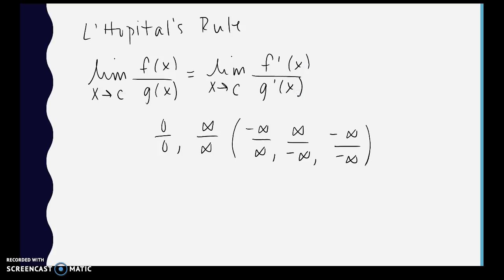And this is not the quotient rule, rather this is just the derivative of the function in the numerator divided by the derivative of the function in the denominator, and then you reevaluate the limit.